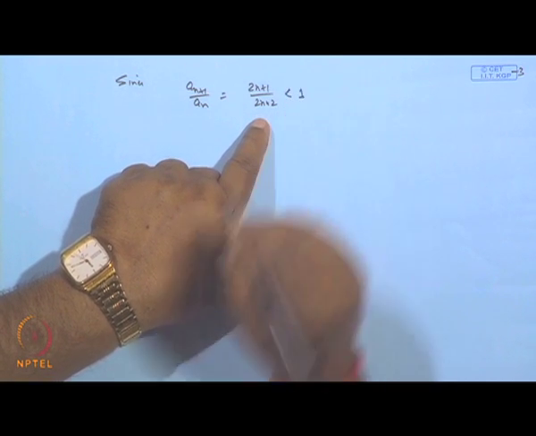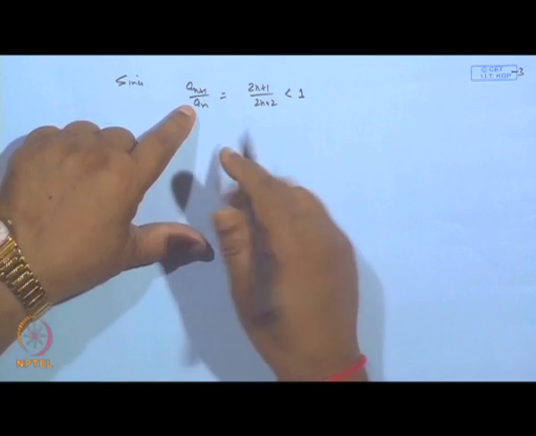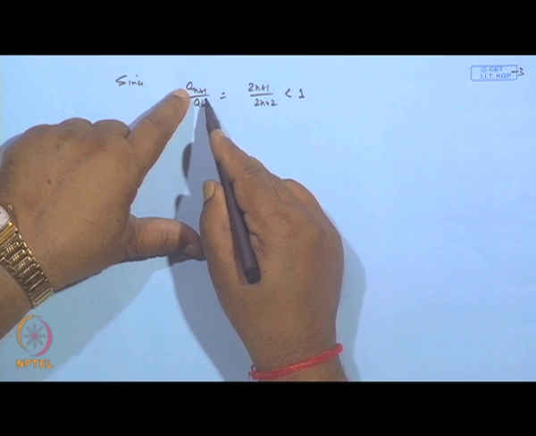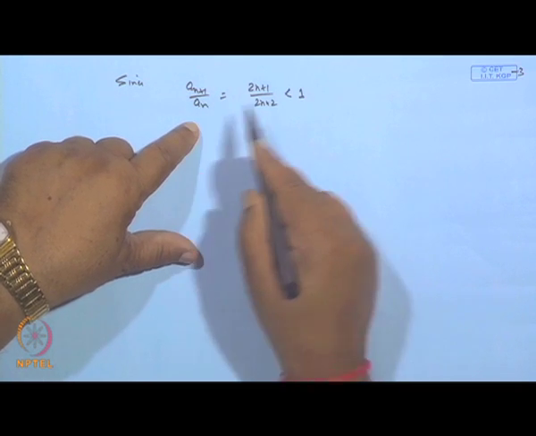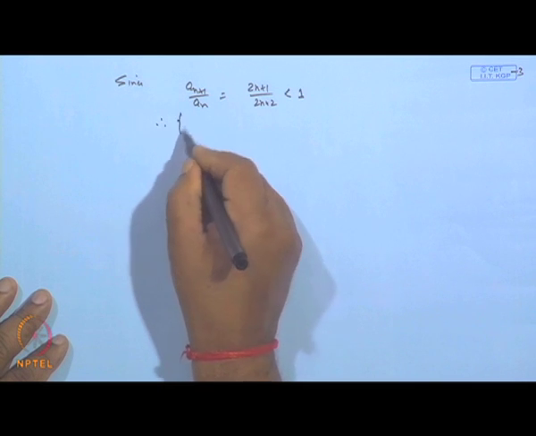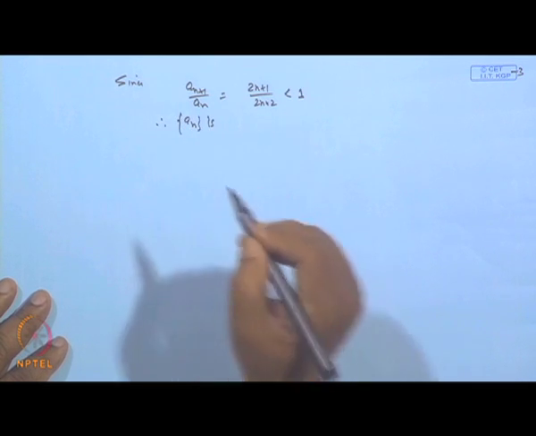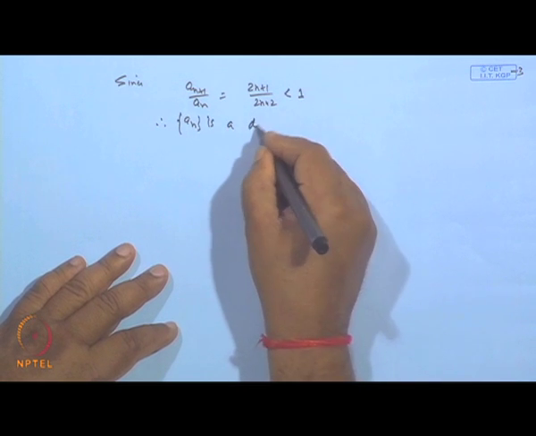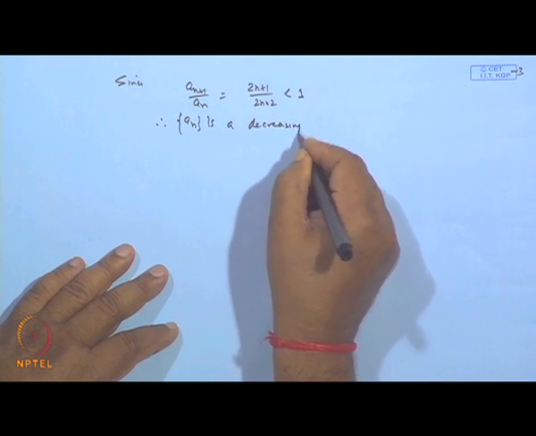So, the ratio is strictly less than 1. It means the nth term is larger than the n plus 1th term, so it keeps on decreasing. Therefore, the sequence a n is a monotone decreasing sequence.